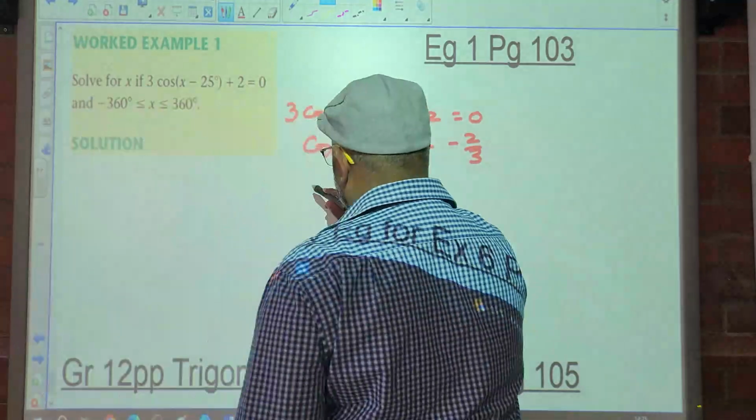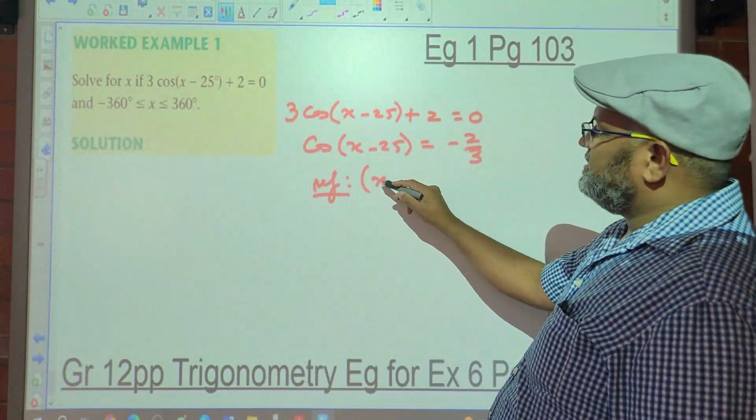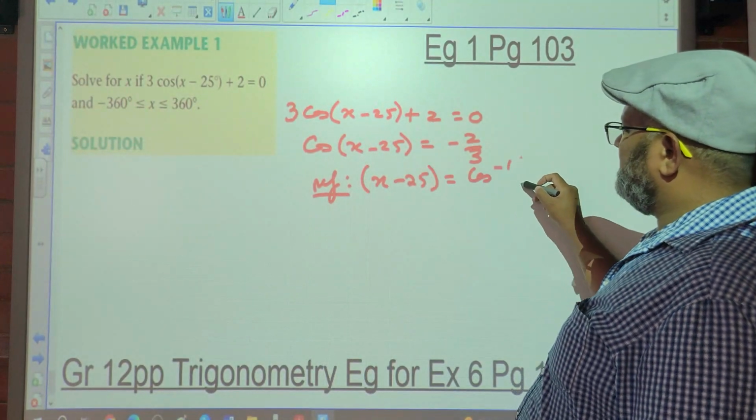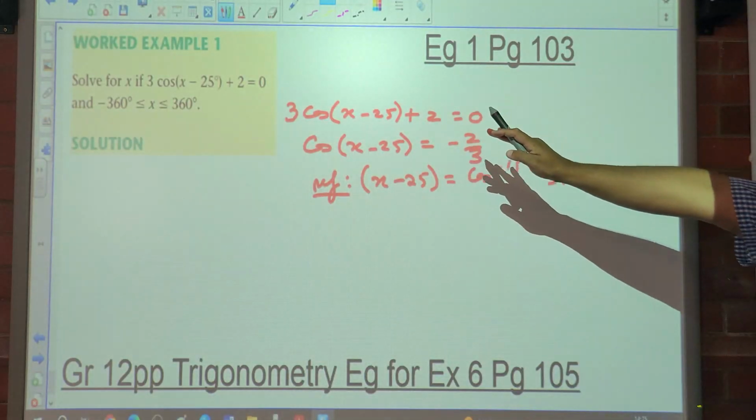Okay, now let's do it as if I'm the only one here. I'll take my reference angle. So it's going to be x minus 25 is equal to cos inverse of 2 over 3. What do you notice? I've dropped the negative sign.